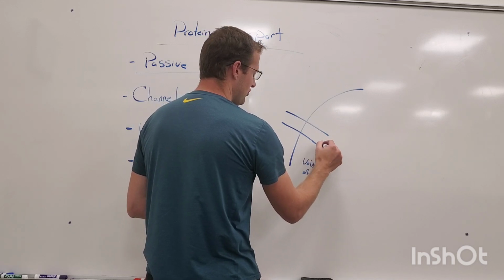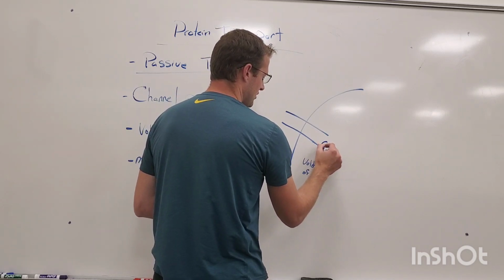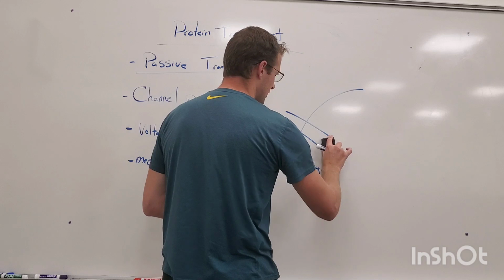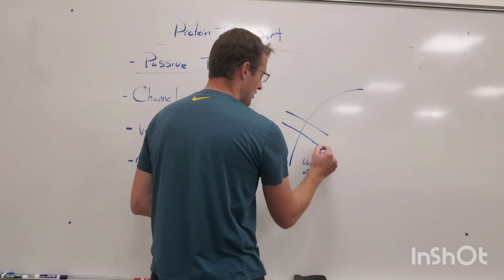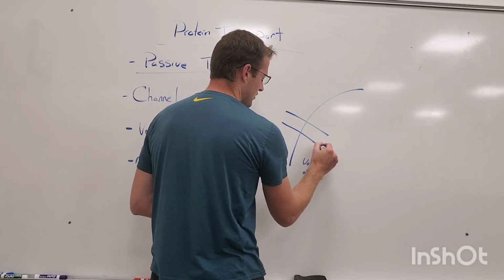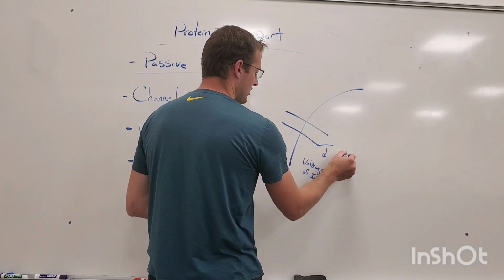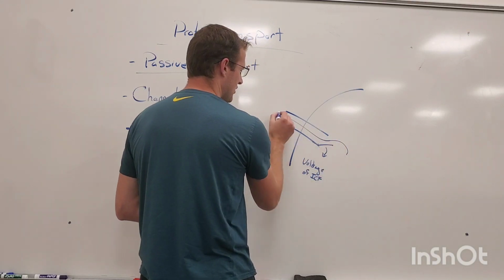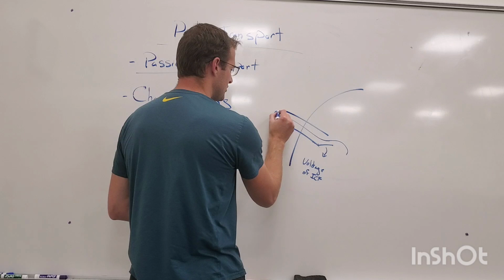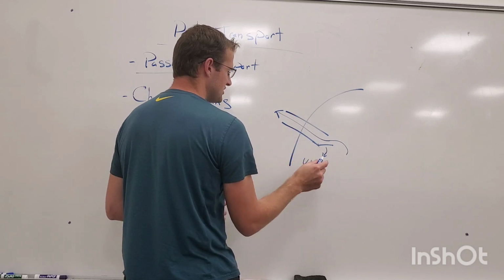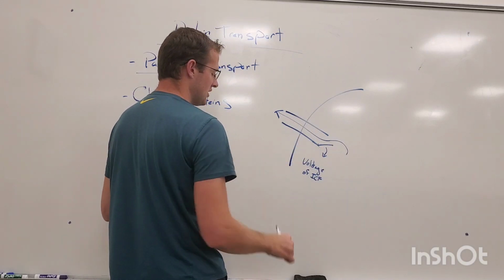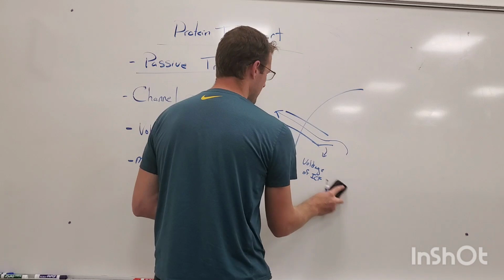The gate will open. So let's see here, I'll just draw a gate like this. The gate will open, and it will allow whatever it is specific for to come out of the gate.